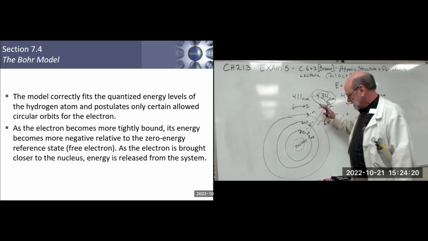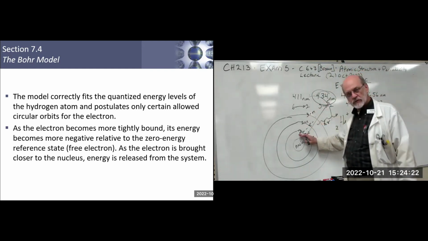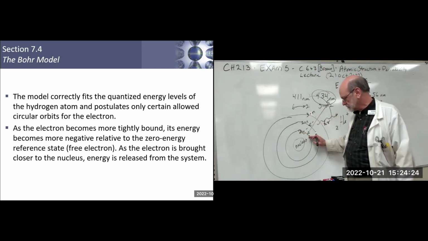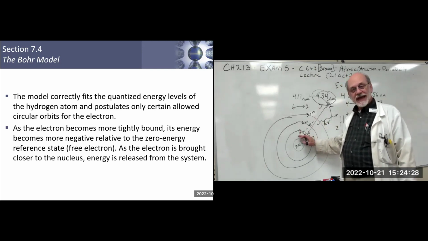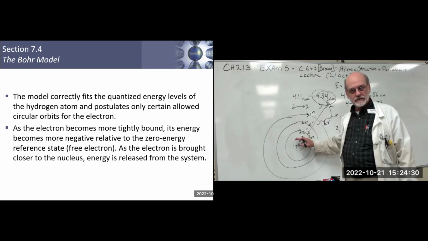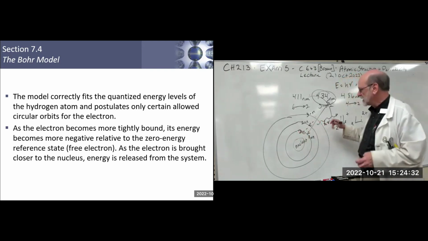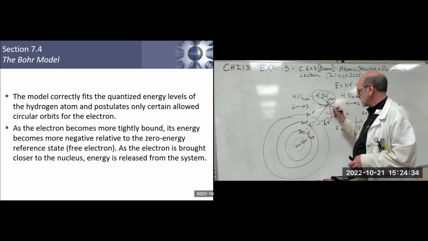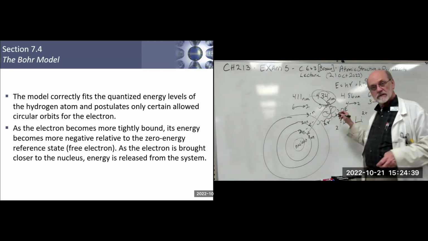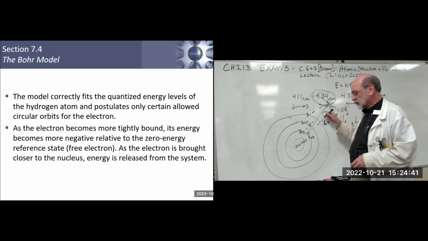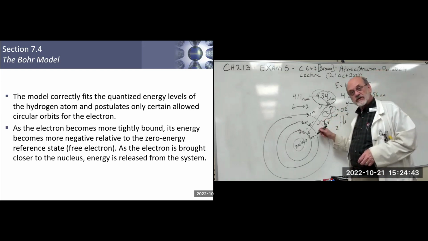So as the electron moves closer to the nucleus, the energy becomes more negative. So think of it this way. If the electron is coming from infinity, and infinity is zero energy, then as it gets closer, it's giving up energy, right?